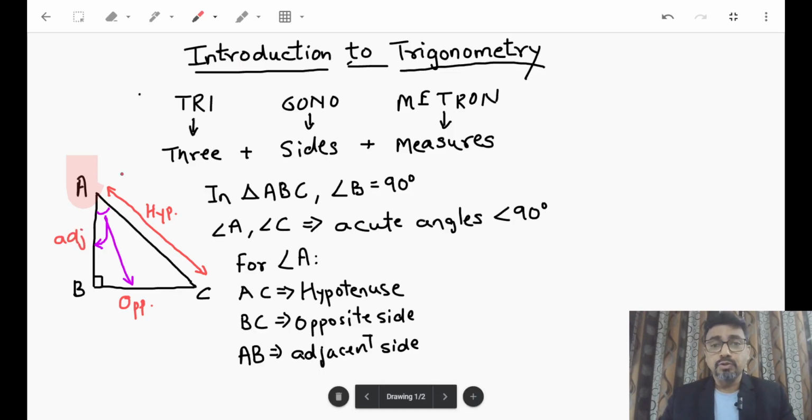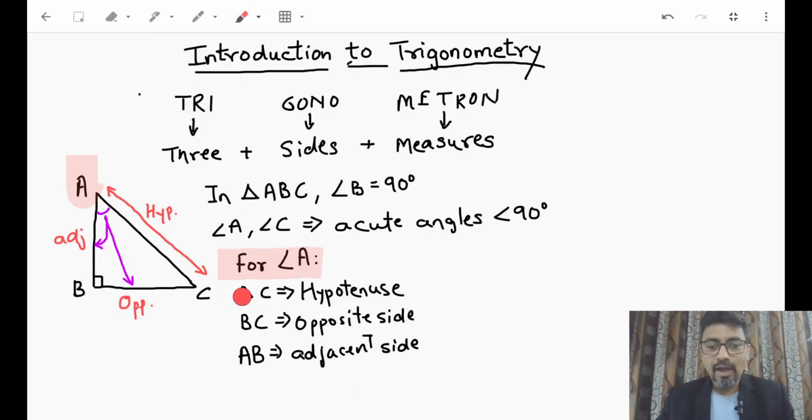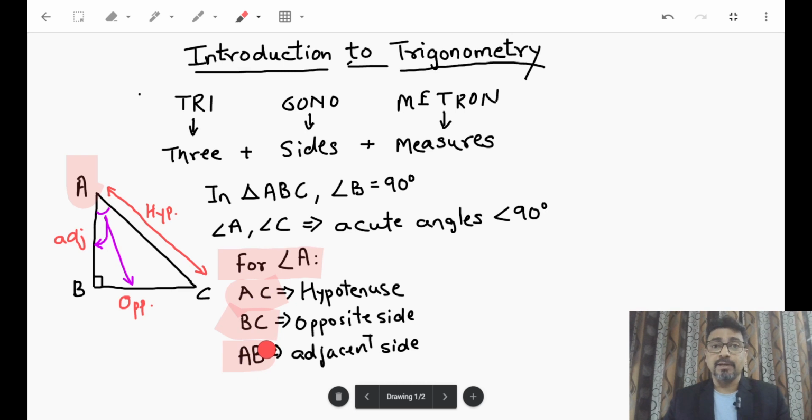So what have we understood? We have understood that when we consider angle A, we have AC as the hypotenuse, BC as the opposite side, and AB as the adjacent side. Again, repeating it for you students, in triangle ABC, angle B is 90 degree. So the side opposite to angle B, that is AC, will be the hypotenuse.